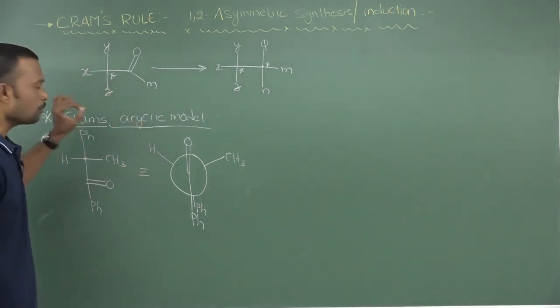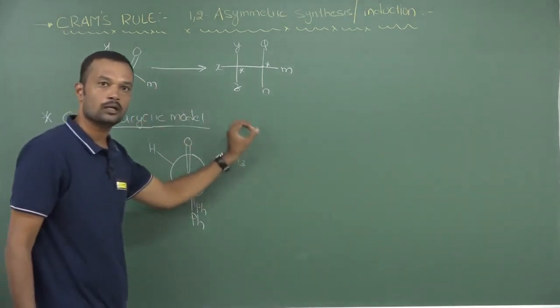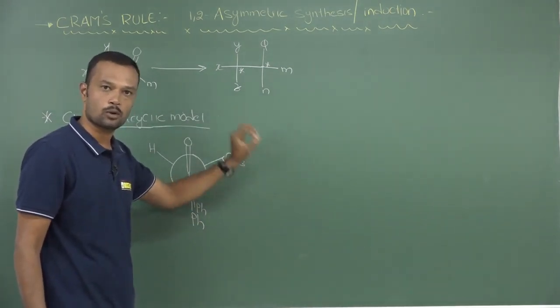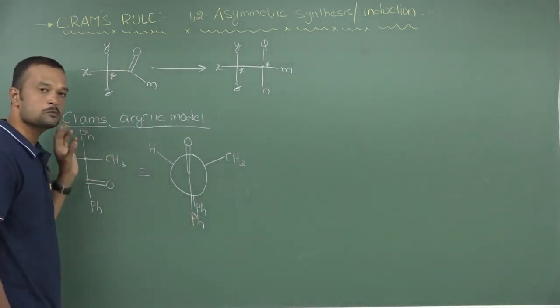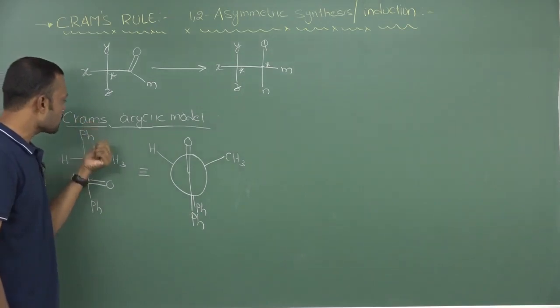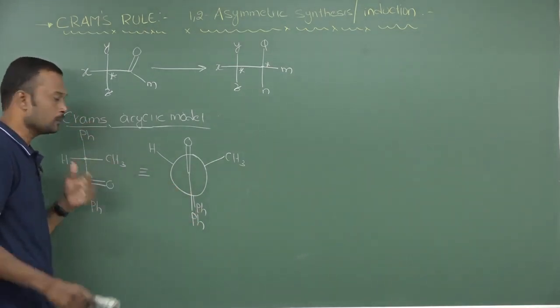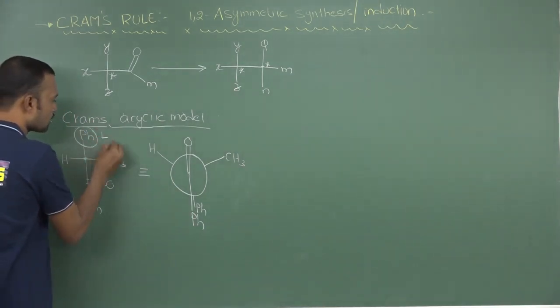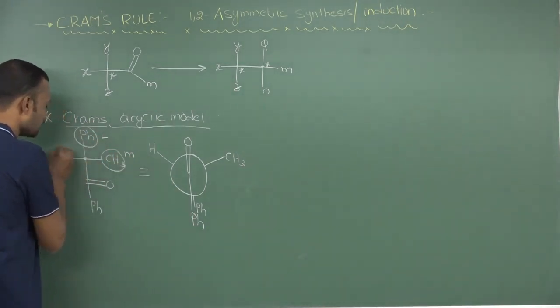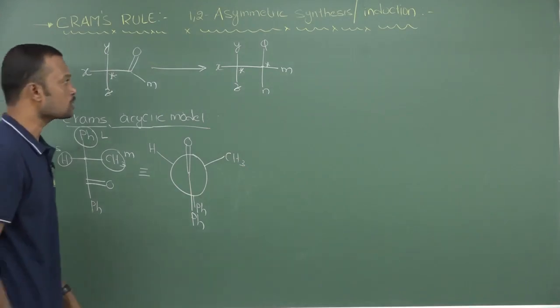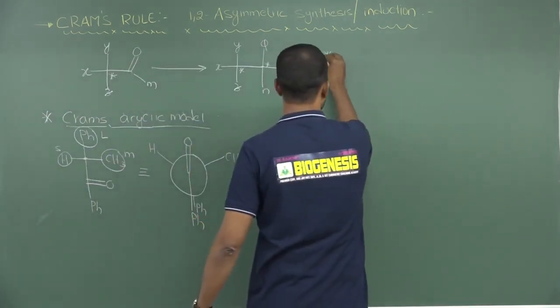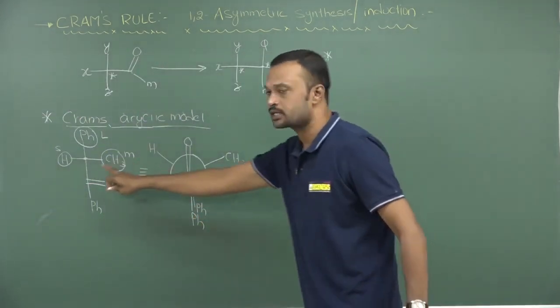So three models are present: Cram's acyclic model, Cram's cyclic model, Cram's dipolar model. The first model we are discussing in this particular session. Especially in this case, we need to follow a rule to write a Cram's model for this kind. Here three types of groups are present: this is the large group, this is medium, and this is the very small group. So what is the specific rule regarding Cram's representation for this kind of molecules?